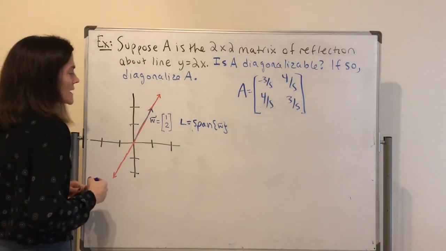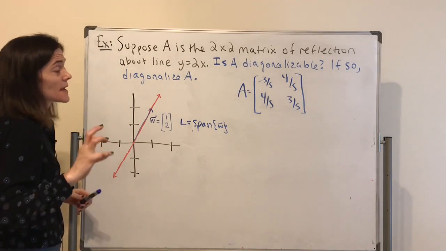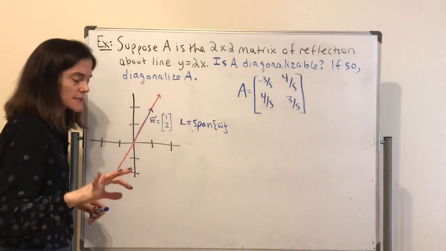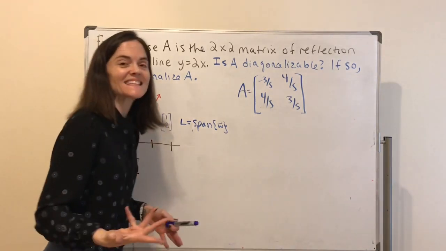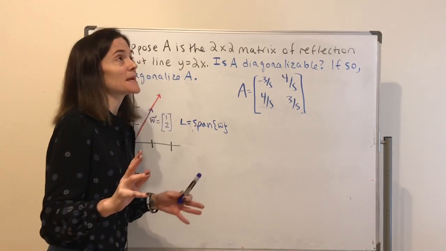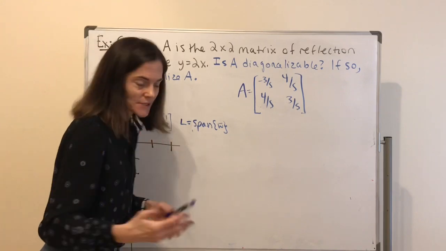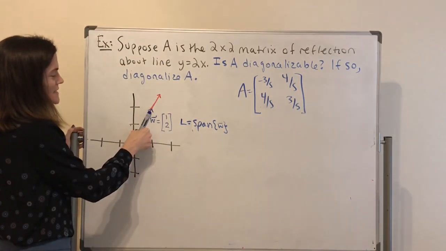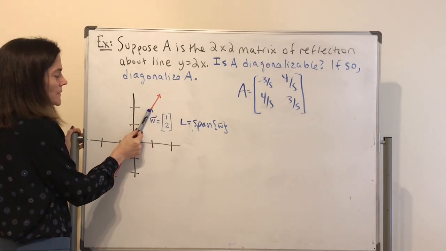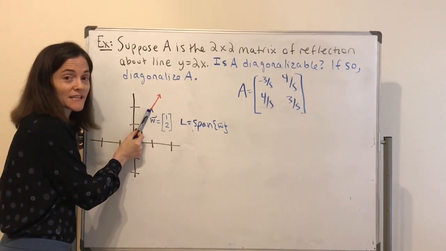Okay, what is happening? So I'm trying to think of vectors that are mapped through this reflection to something parallel or a multiple of the vector. And one of them is right here. Oh, in fact, it's almost the same length. So this is my W. Now, let's do reflection. Ready?